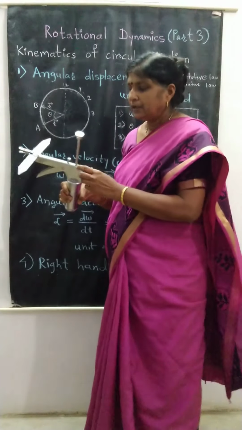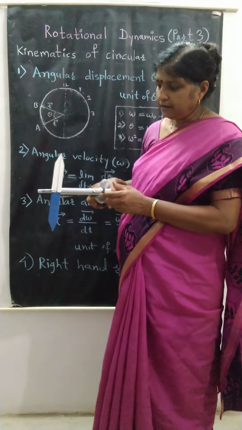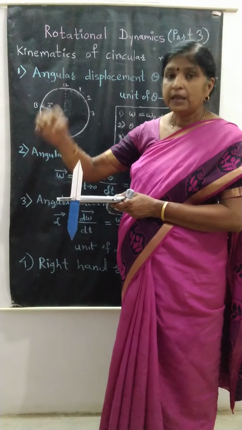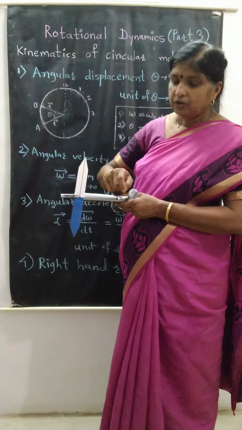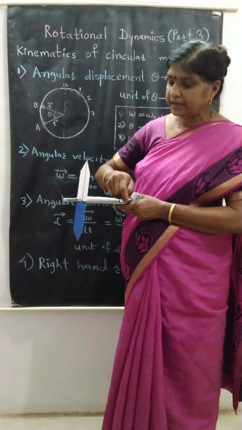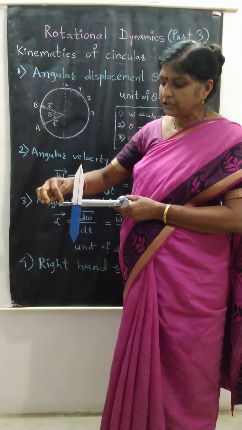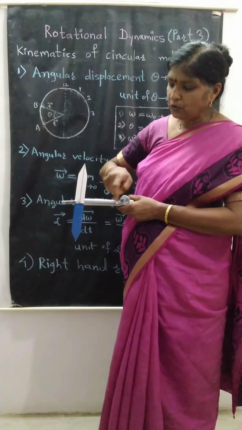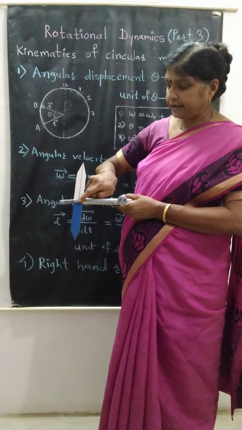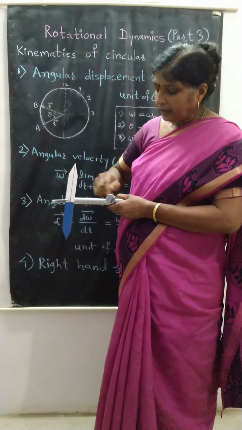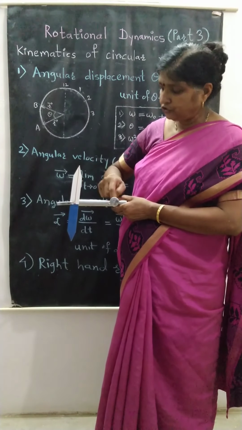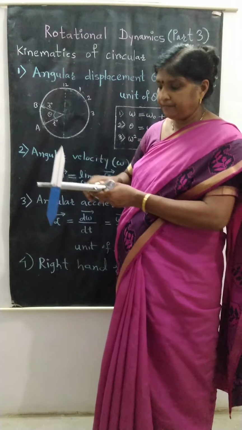Then this is the center of the circle, this is the position of the particle, and the vector joining the center of the circle to the position of the particle is known as the radius vector. In this instrument, this handle now is showing the radius vector.